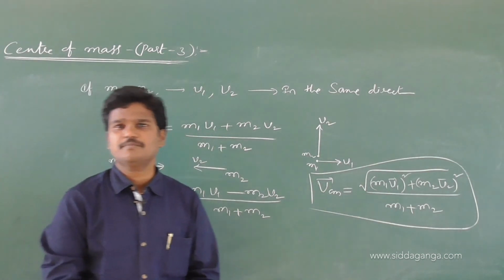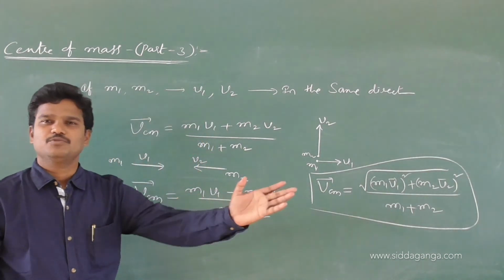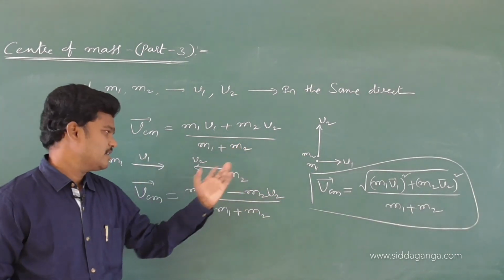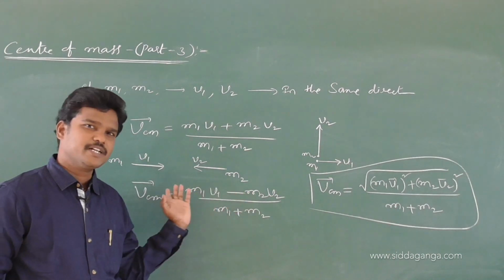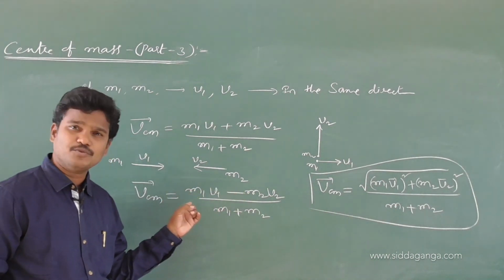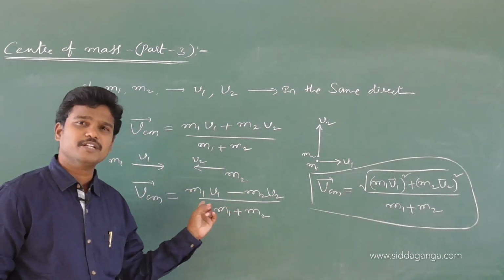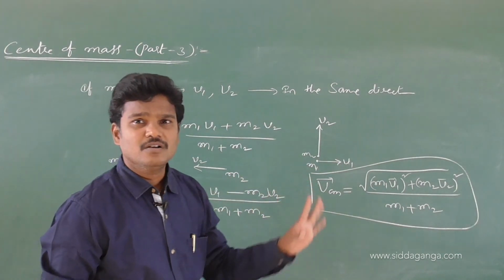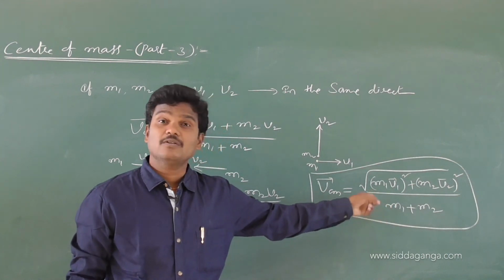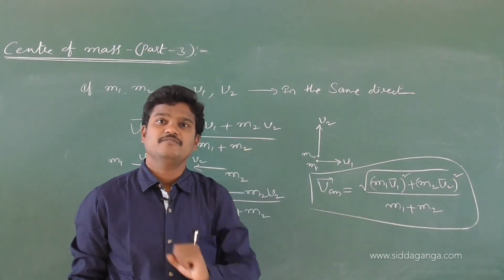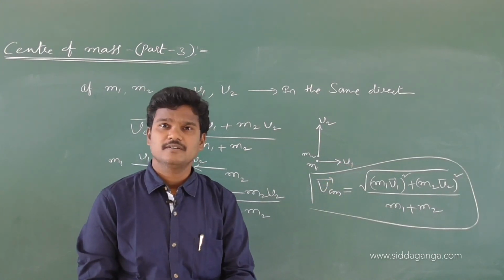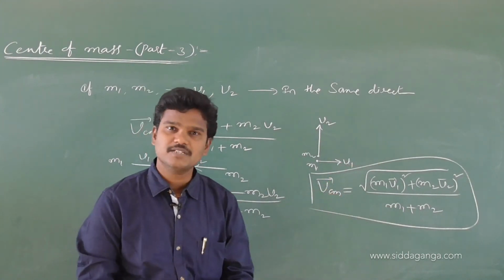If they move in the same direction, use m1 v1 plus m2 v2. In vector forms if they are given, you take vector forms; in numbers, you can take direct numbers. If they move in the opposite direction, m1 v1 minus m2 v2 by m1 plus m2. If they move perpendicular to each other, you can use the parallelogram law of addition of vectors from the vectors chapter: root of m1 v1 whole square plus m2 v2 whole square, by m1 plus m2.